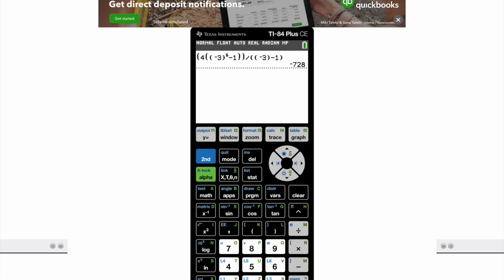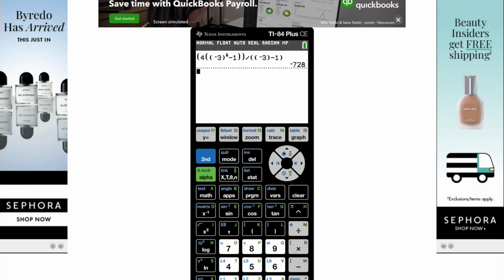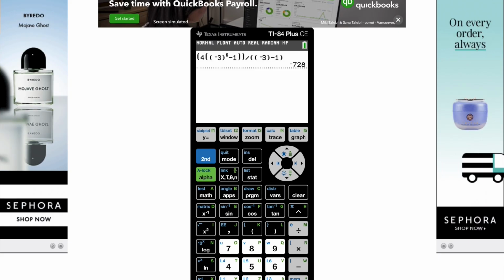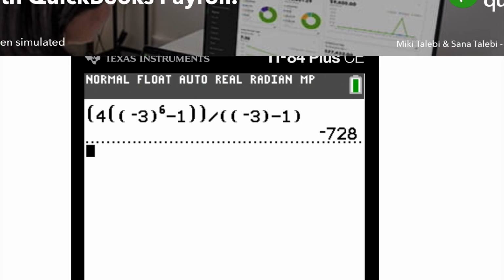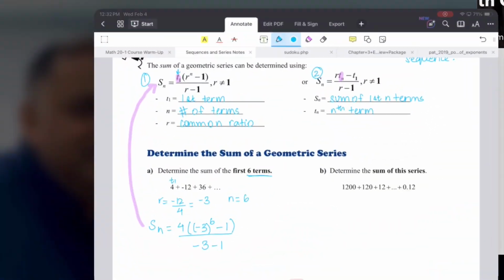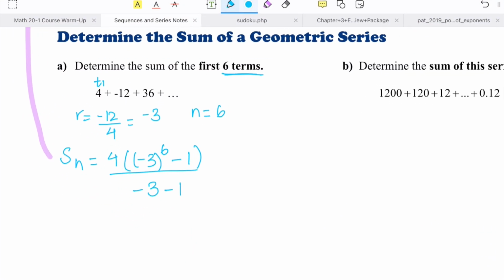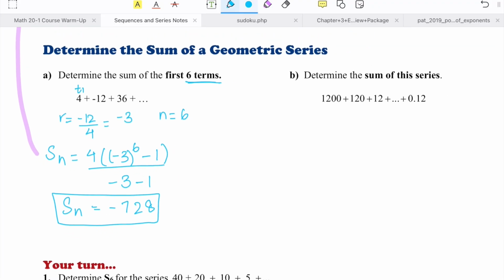So that's negative 728, correct? So Sn will be equal to negative 728, and that's my answer. Questions?